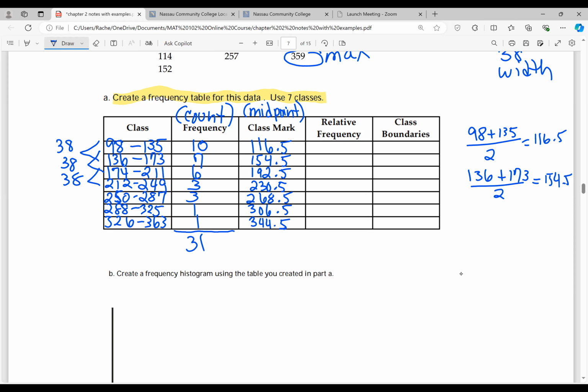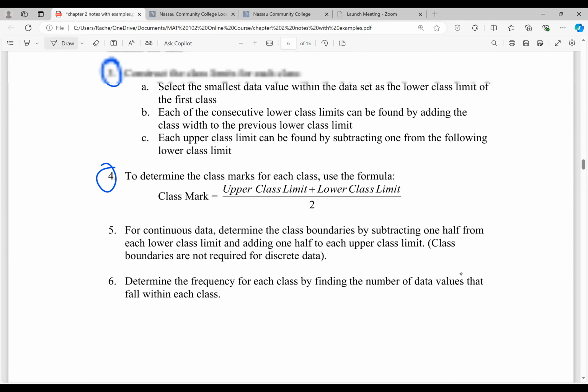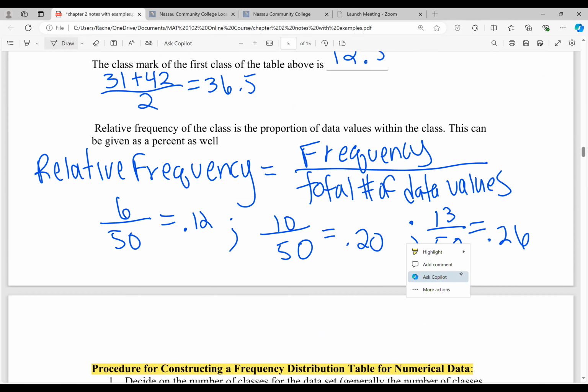Now, sometimes when we create a frequency table, we also like to calculate the relative frequency. Remember the relative frequency I showed you in the example that we did in the last video. The relative frequency is just the frequency divided by the total number of data values. So it's giving us the frequency, but as a proportion or a percent.